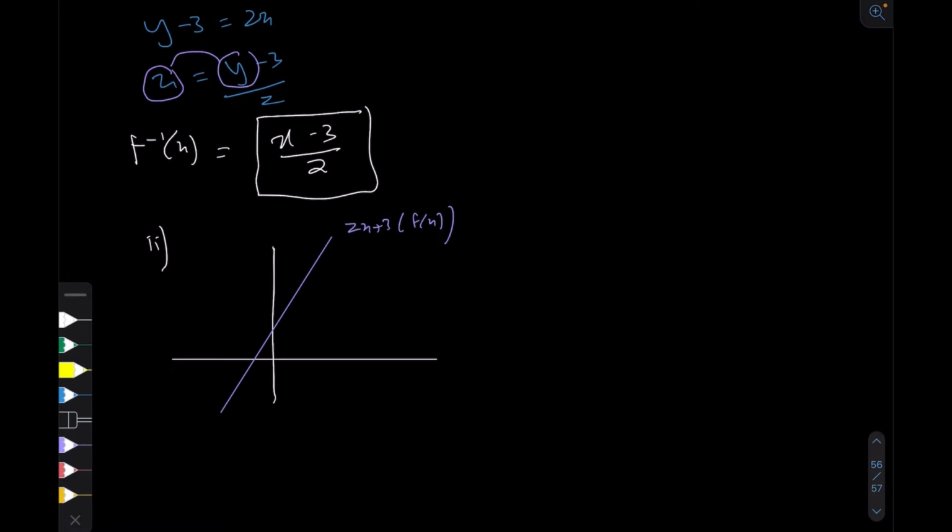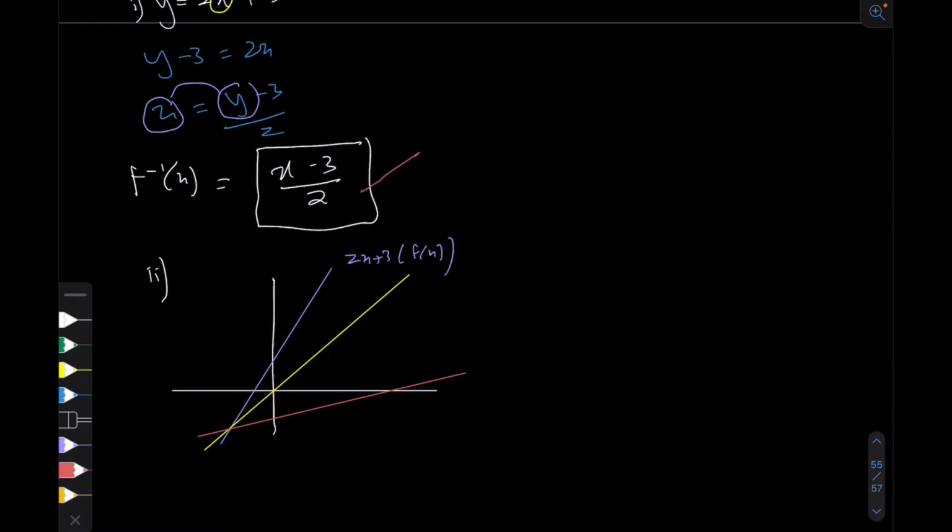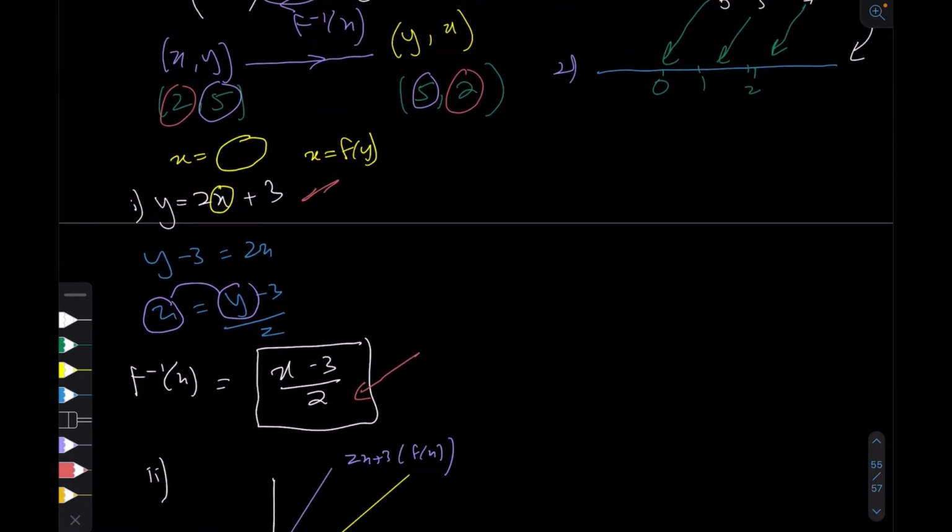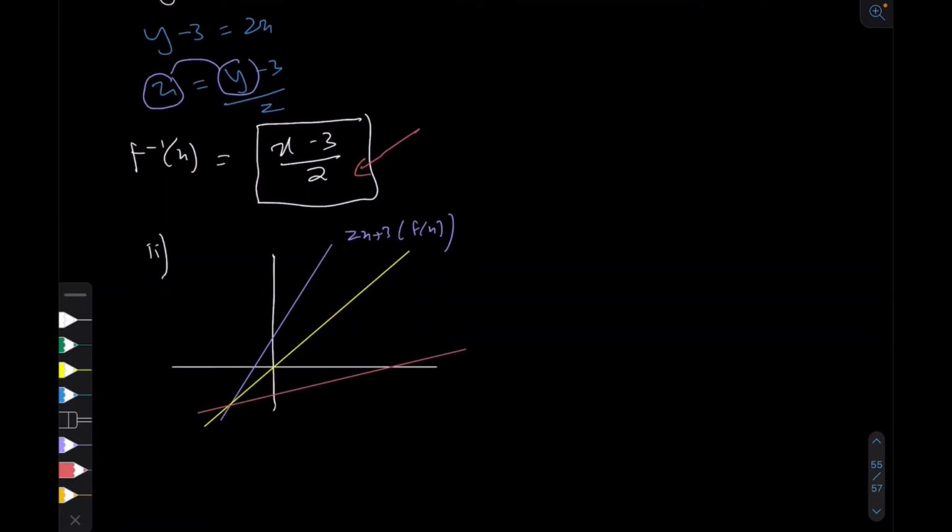So if I draw a line y equals x over here, the inverse function will actually be a reflection of this. It will be something like this maybe. You can go ahead and plot this, and you will get the same thing, right?